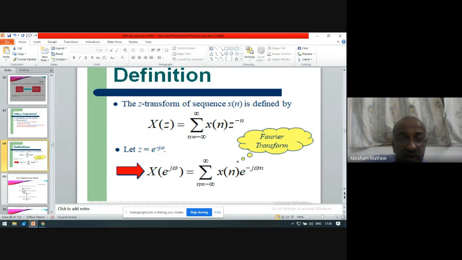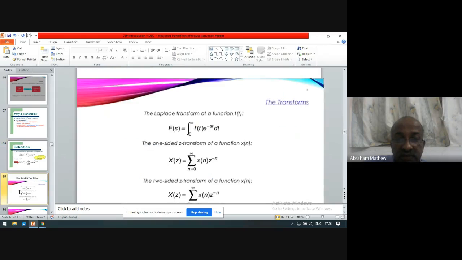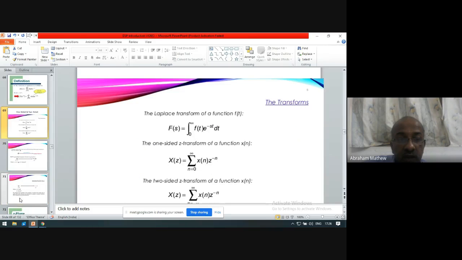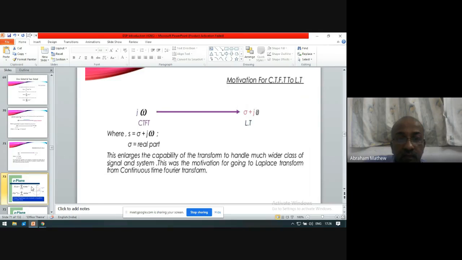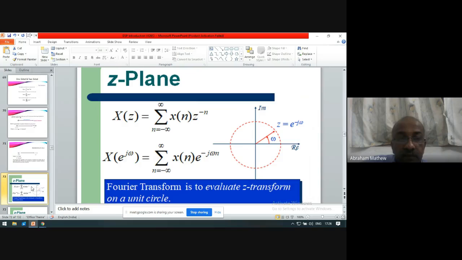This Z transform can be one-sided or two-sided. You can see the limit here, minus infinity to infinity. If it is 0 to infinity, it is a one-sided Z transform. If it is minus infinity to infinity, it is two-sided.